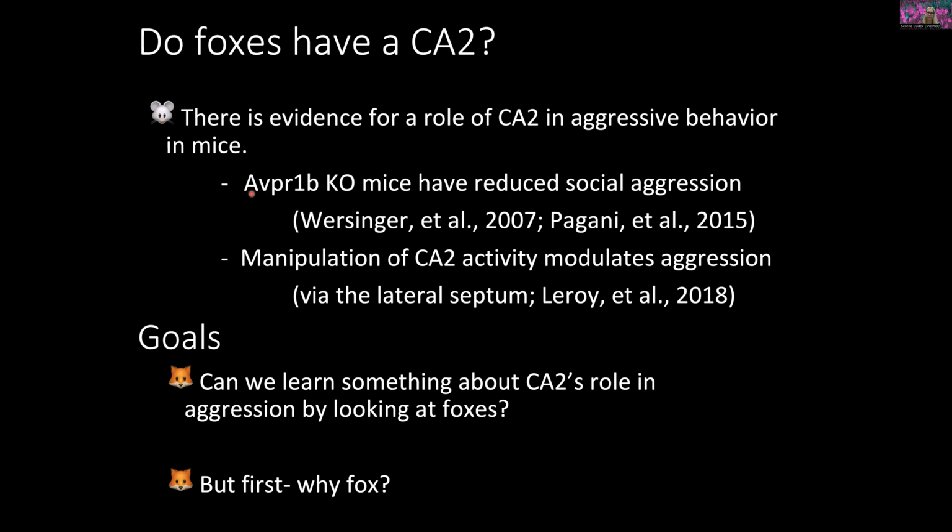This started with work from Scott Young's lab on the vasopressin receptor 1B knockout mice, which had reduced social aggression. And of course, some of the nice work by Felix Leroy when he was in Steve Siegelbaum's lab had shown that CA2 activity modulates aggression. And I simply wanted to know, can we learn something about CA2's role in aggression by looking at foxes?